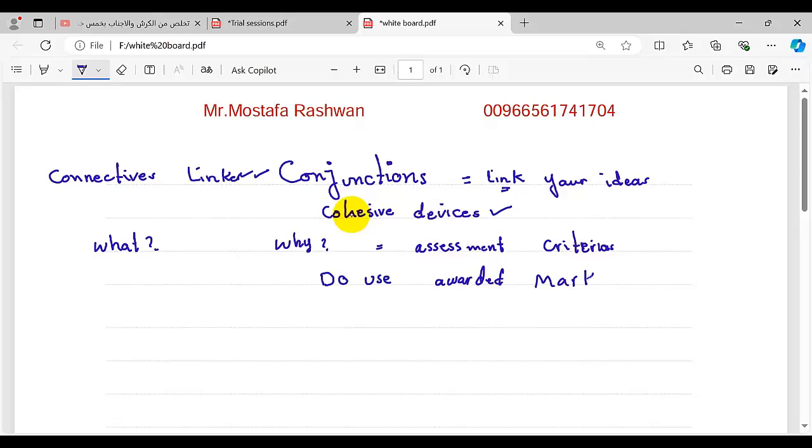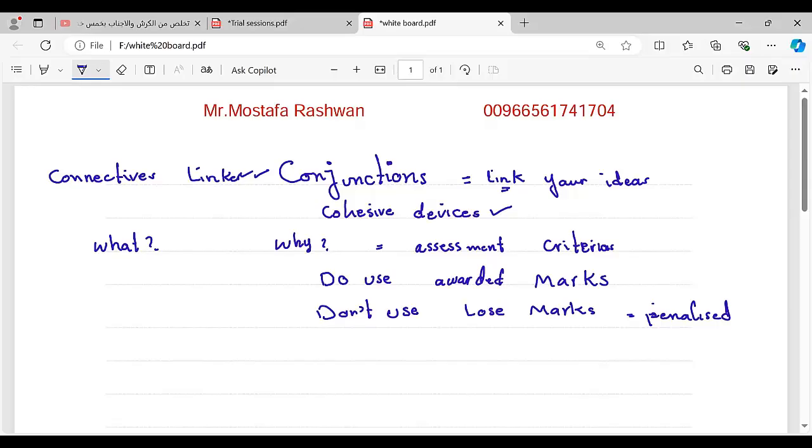If you do not use them, you will lose marks or be penalized. So why lose marks for this easy rule?